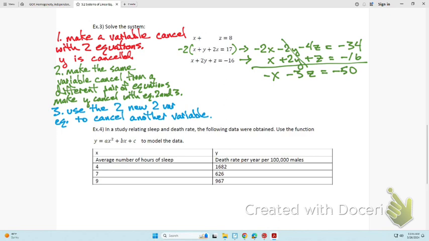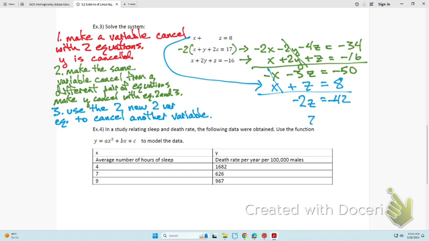Look, we already have a -x, and we have a +x right here. If I just simply add that equation to that equation, the x's will go away. Very convenient in this problem. So the x's cancel. We get -2z and -42. Z is 21.